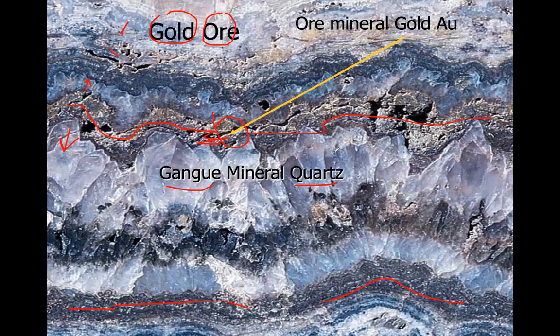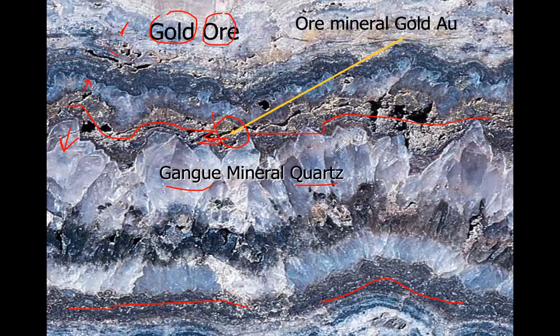Okay, so this is a very nice gold deposit. Similar deposits can be found in Southern Africa, Ghana in Western Africa as well, and countries like Botswana. They have this type of deposit.